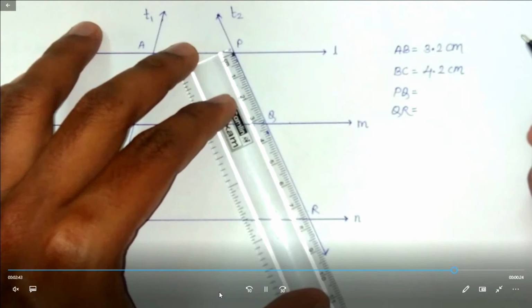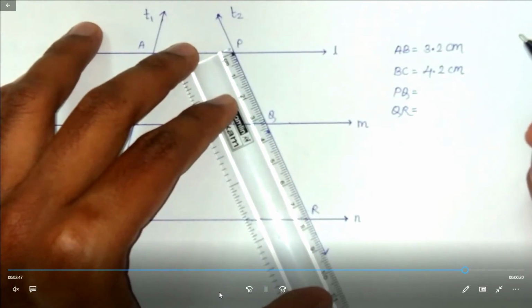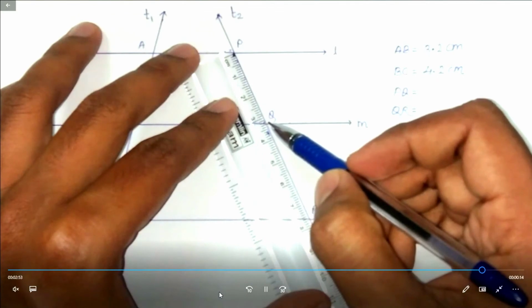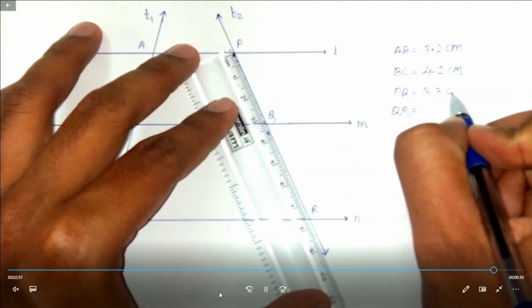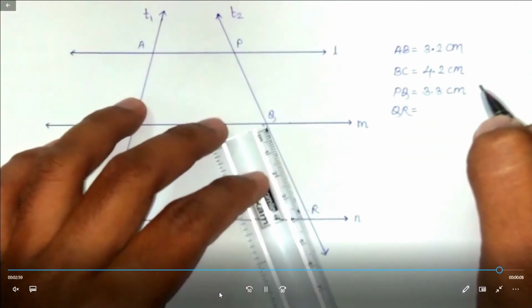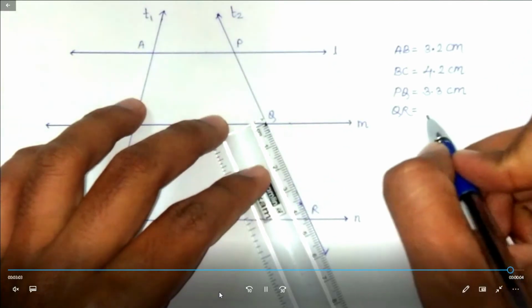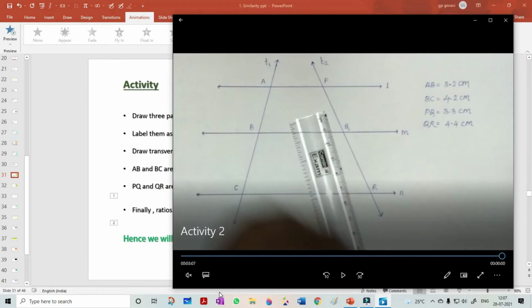PQ is 3.3 centimeter. Around 3, approximately 3.3 or 3.4. I am taking 3.3 here. Try to avoid human error. And the last one is QR, which is 4.4 centimeter.